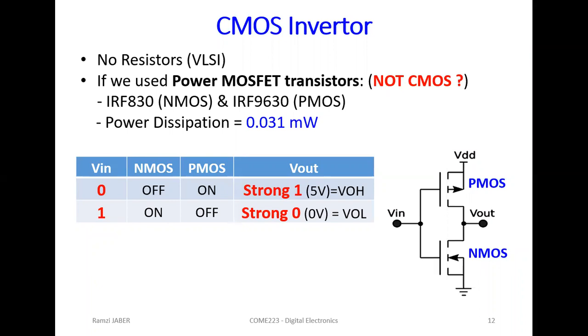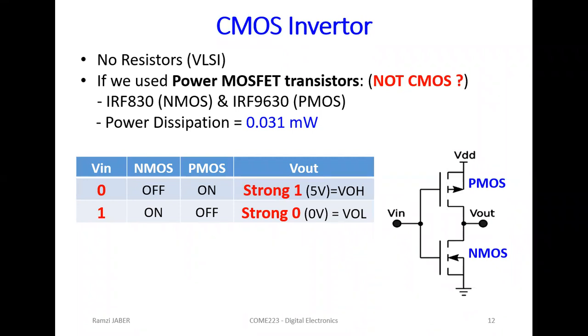Guys, who will tell me why we don't use resistors inside small circuits, VLSI circuits? It's a disadvantage, yes, but what is the disadvantage? It reduces the output. Pay attention to the size, we are talking about size here.